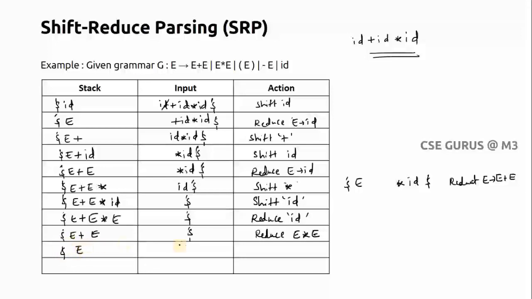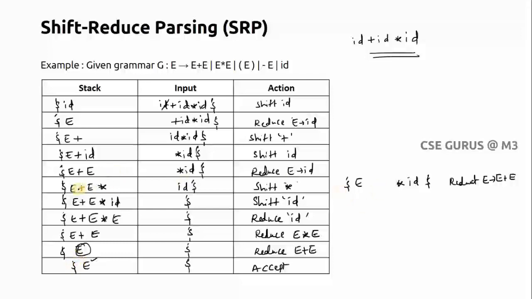Yes, as E. So you can see now reduce E plus E. So now you can see, are you getting the root node? Yes. Start symbol? Yes. So like this you can perform, and finally you got root node, and you can say that yes, accept. So like this you can write.